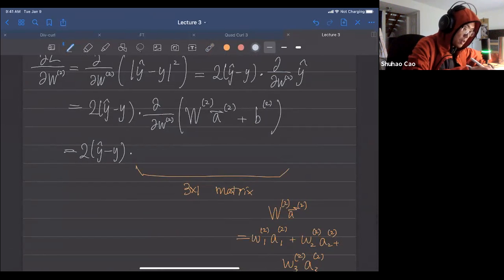Now we take the derivative of the first component.